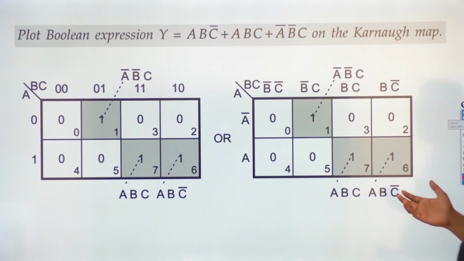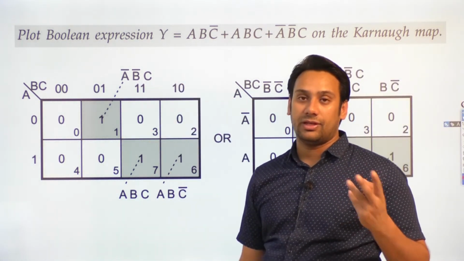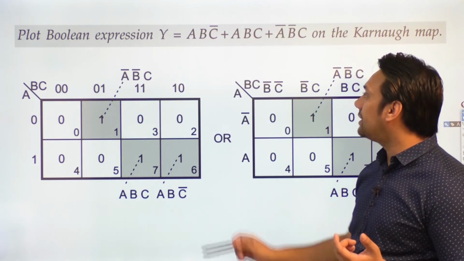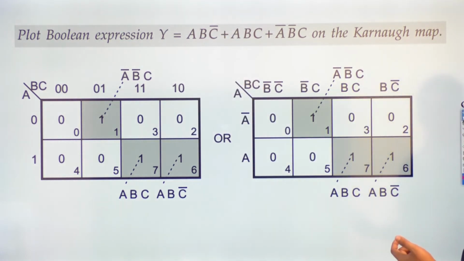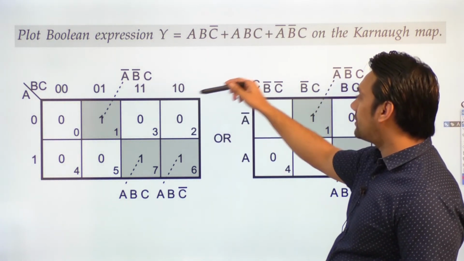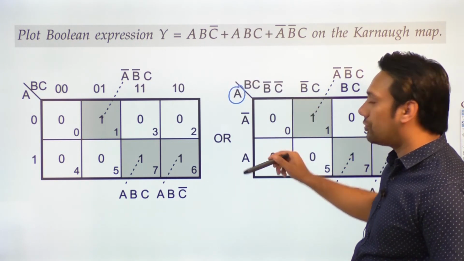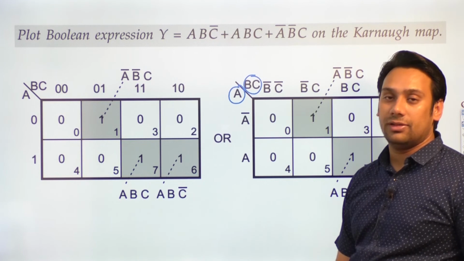So again, you can see one more example. This is a function with the help of 3 variables, and it has a value 1 at A, B, C complement, A, B, C, and A complement, B complement, C. So I can make this K-map. Here for rows I'm taking the variable A, and for columns I'm taking the variable BC.